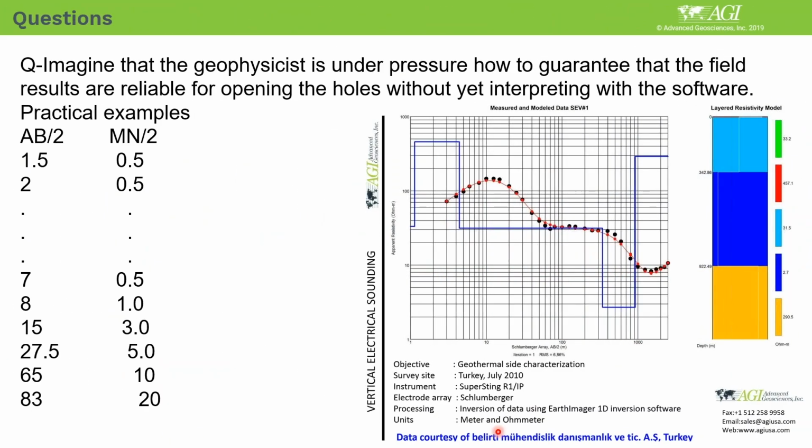Okay, earlier I also got some other questions, and somebody sent me this. It says, imagine that geophysicists are under pressure, how to guarantee that field results are reliable for opening the holes without yet interpreting software. This is his practical example.